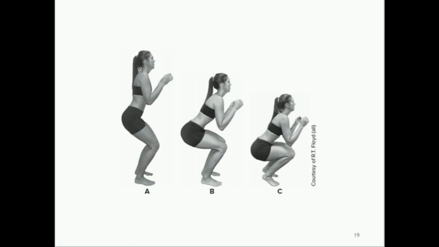In A, now we're going to assume she's starting here and then pushing up. So like she's starting a little bit squatted and then she's pushing up, okay? Now, when you're doing that, the quadricep is what's doing the concentric contraction. So the quadricep here is really not lengthened much at all, okay? Turns out that it's not lengthened enough to provide the maximal force.